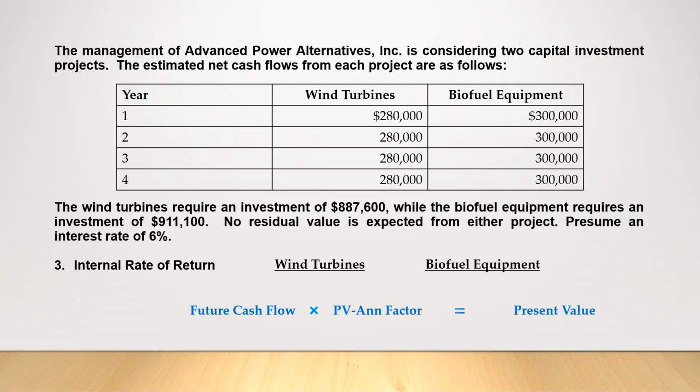We can solve this equation for the present value factor by dividing each side by the future cash flow. So the present value factor equals the present value divided by the future cash flow.